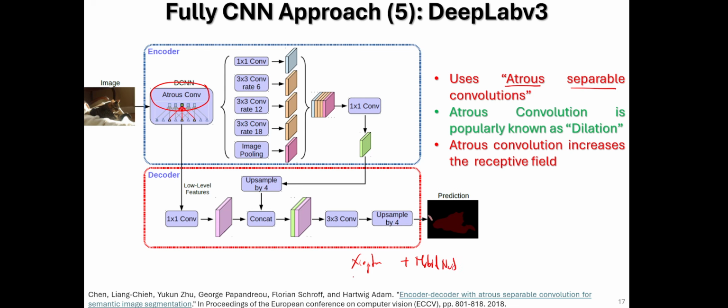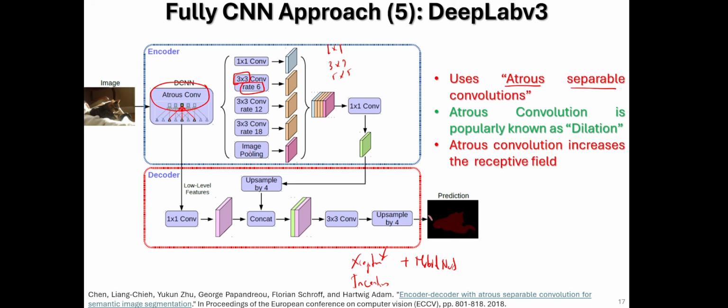Atrous was proposed in Xception, which inherently was motivated by the Inception architecture. In Inception, we know that we are looking at the same input through different convolution kernels, right? So that's the idea inspired from Inception. But instead of manually having 1 cross 1, 3 cross 3, 5 cross 5 kernels, they're using the same 3 cross 3 but increasing the dilation rate.